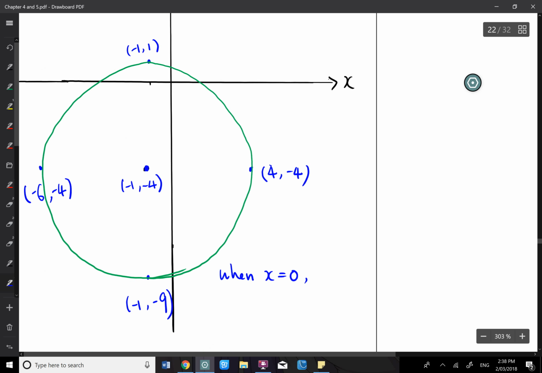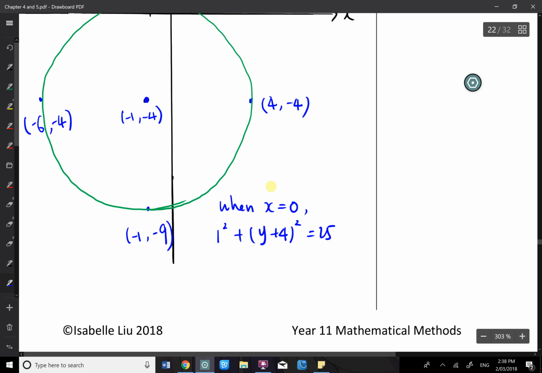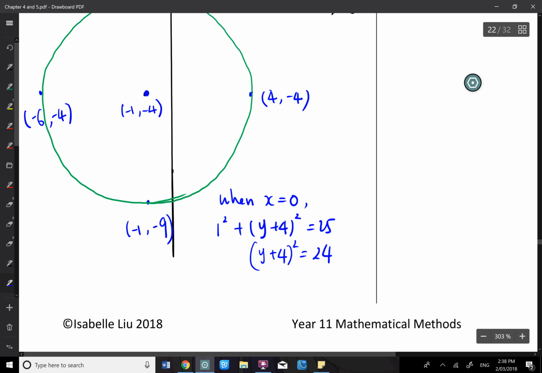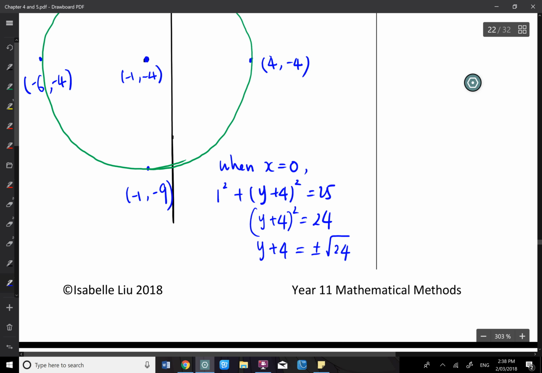What I will have is 1 squared plus (y plus 4) squared equals 25. So (y plus 4) squared equals 24. Y plus 4 equals plus or minus root 24. Y equals plus or minus 2 root 6 minus 4, because 4 times 6 is 24.